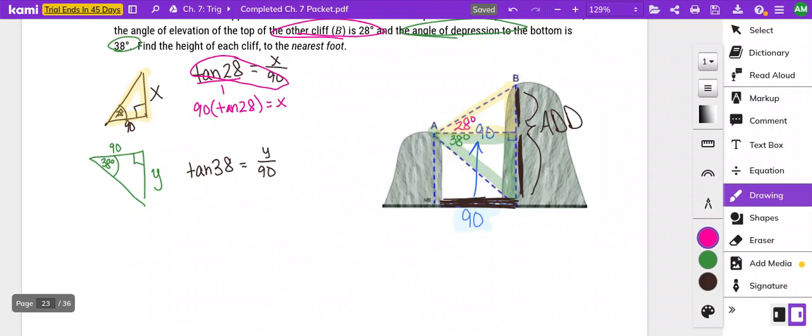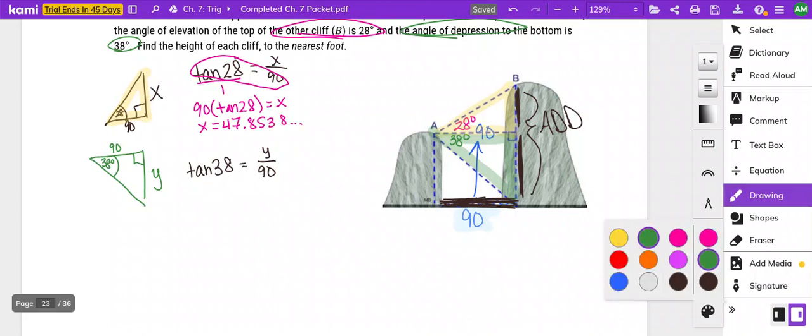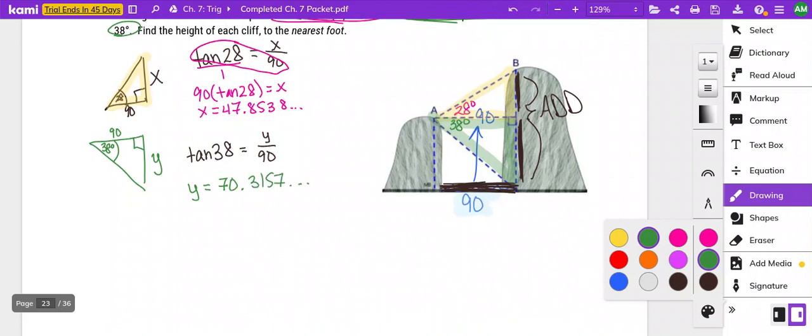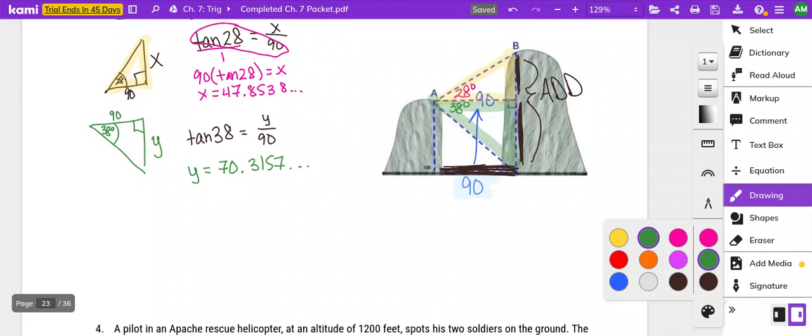And I'm going to type that into my calculator. I get 47.8538 dot dot dot. Then in the other triangle, if I cross multiply, I get y equals 70.3157 dot dot dot. And again, once we have our x and our y, we're going to add them together.